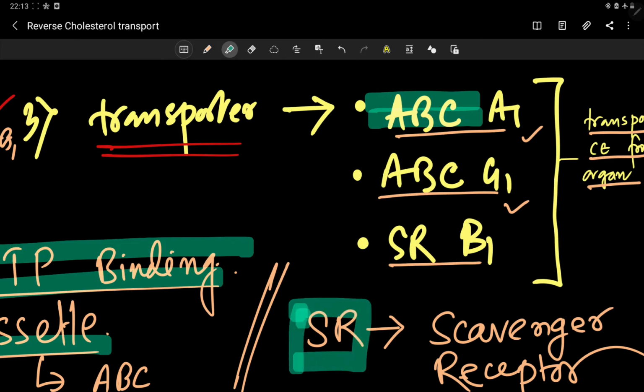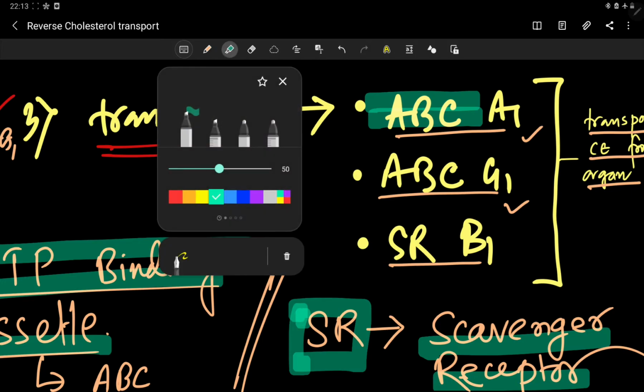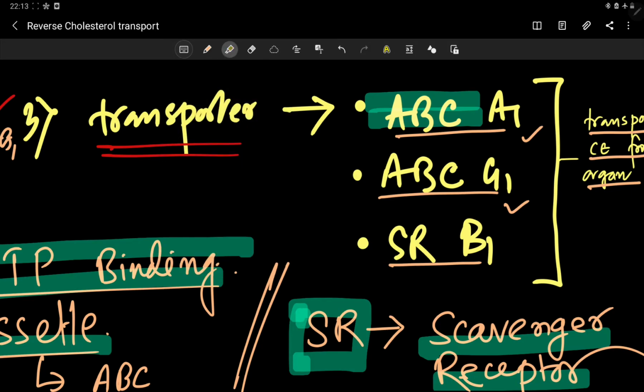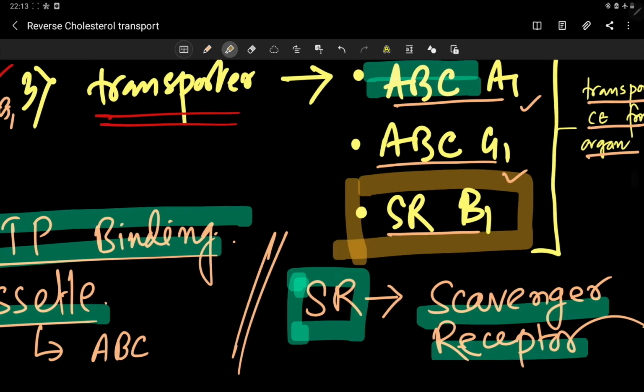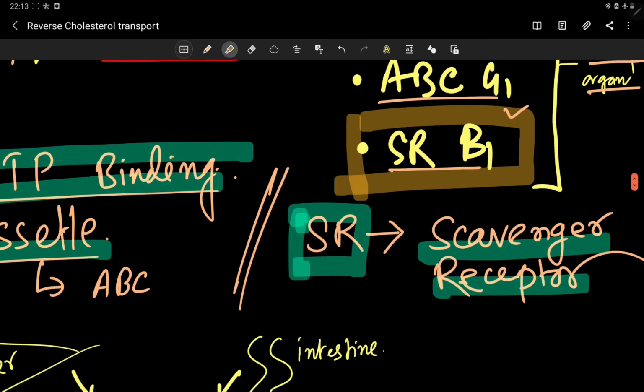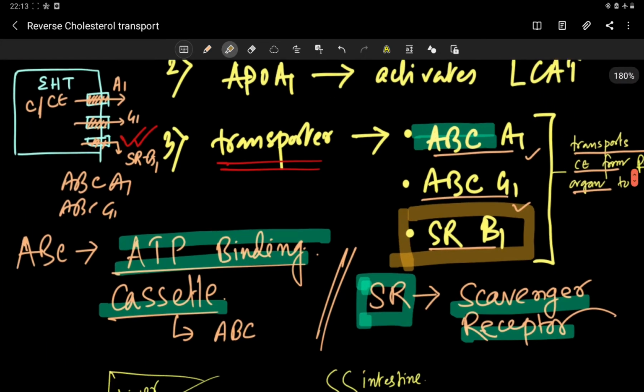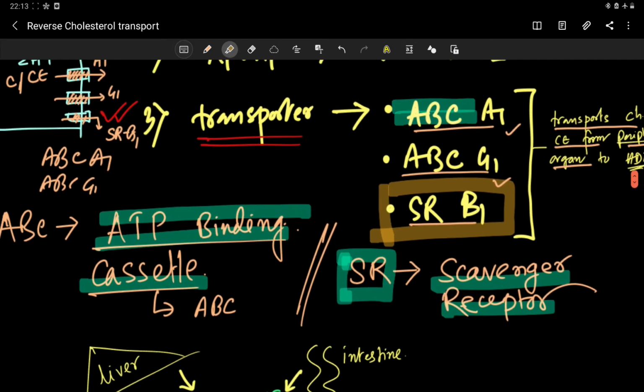Your SR stands for scavenger receptor, scavenger receptor protein group B1. You can see this thing here. Okay, so this is your SRB1 protein. These proteins are actually cholesterol transporters. They are transporting cholesterol from extrahepatic tissue to HDL or high density lipoprotein, which is circulating within blood.